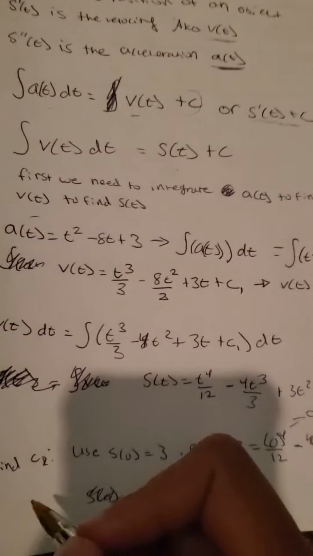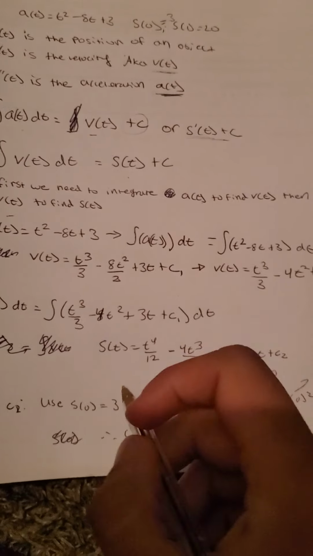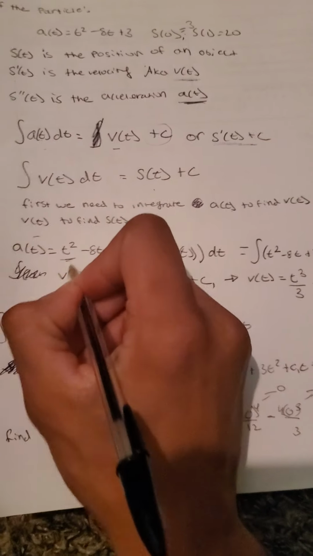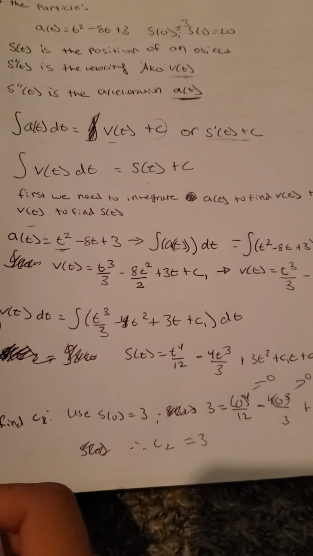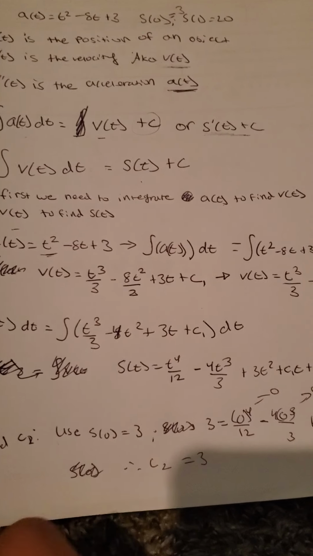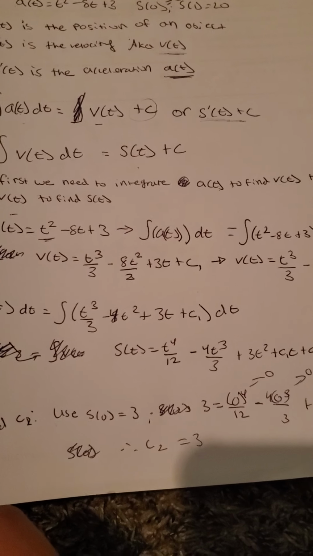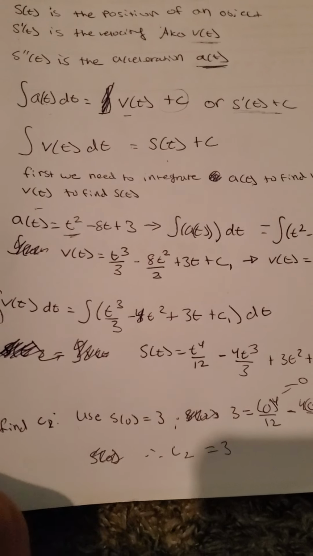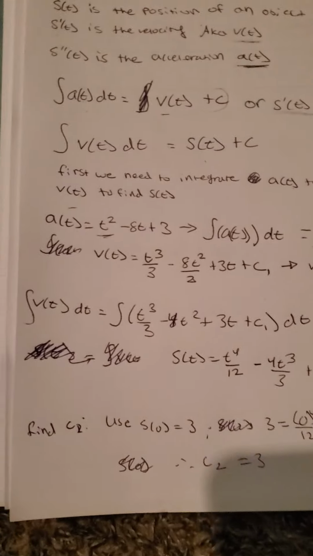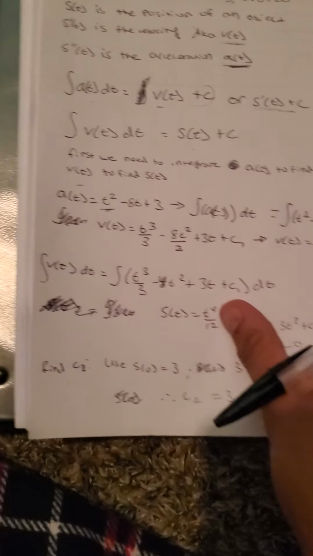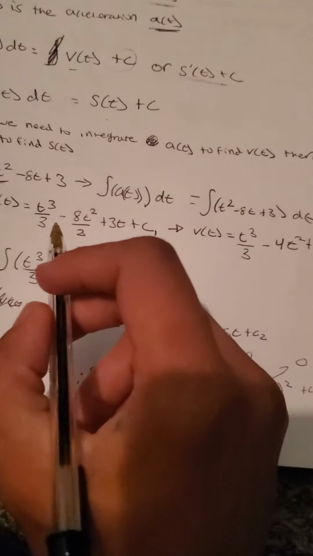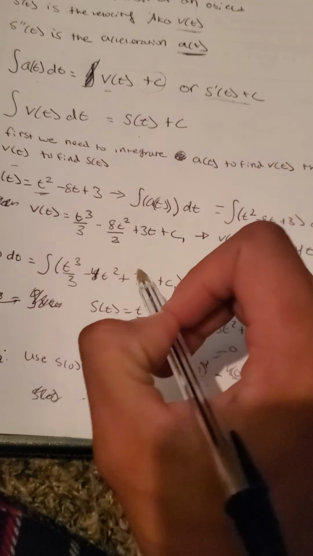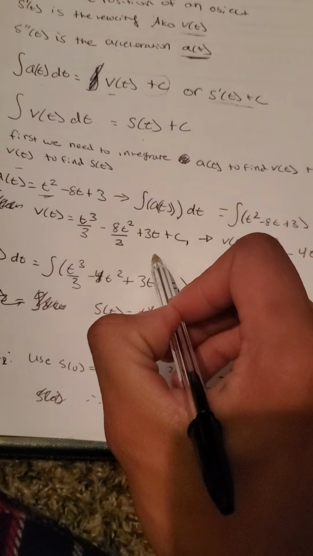The integral of a of t dt with respect to time is equal to the integral of t squared minus 8t plus 3 dt. Using the basic power rule, because this is a polynomial, the velocity is equal to t cubed over 3 minus 8t squared over 2 plus 3t plus c1.